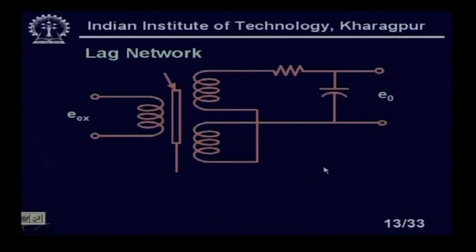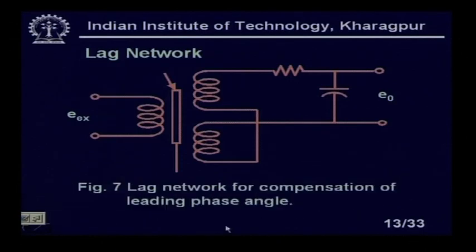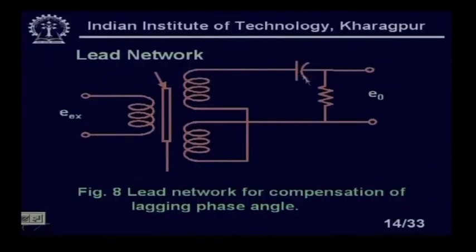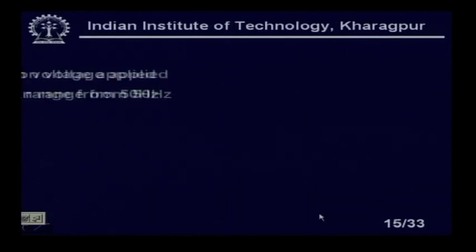It is not very important; in most cases you will find this. This is a lag network for compensation of the leading phase angle. If the phase angle is leading, we can use this lag network. Similarly, if it is a lagging phase angle, I can use a lead network. Just interchanging the capacitors and inductors, and capacitors and resistances, I get a lead network. For a leading phase angle, it will look like this.